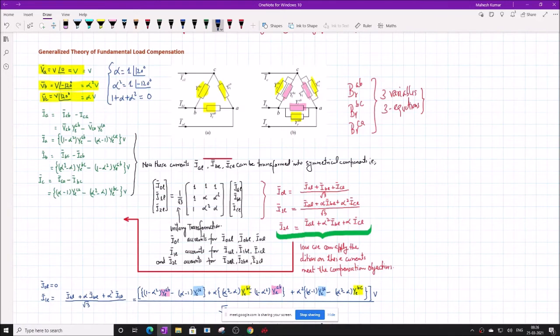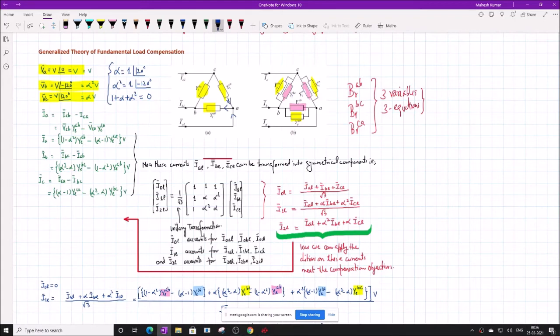So using this we can find out IA. This also we expressed, but I am again repeating it so that you can do it very easily. IAB minus ICA. If you apply this current formula here, this is IA. So this IA is nothing but IAB minus ICA.